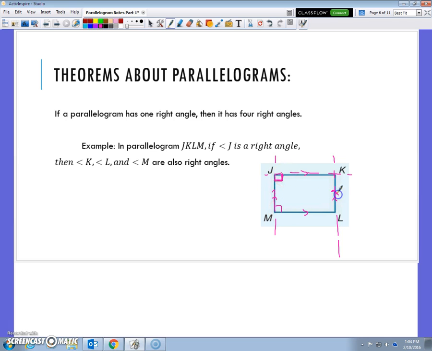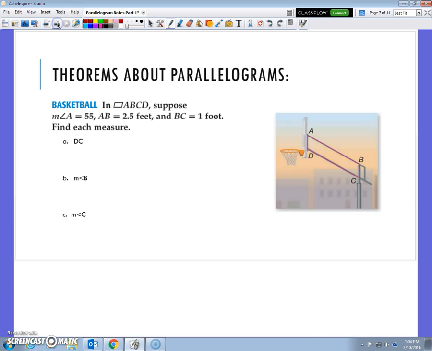Again, looking at these parallel lines, the consecutive angles would be these two right here. Those are consecutive interior angles. That would have to be 90. And finally, it's a quadrilateral. The total amount of degrees in a quadrilateral is 360. So if I already had three 90-degree angles, the last one would also have to be 90 degrees. So basically, these theorems are things we already know, but we're making them specific to parallelograms.